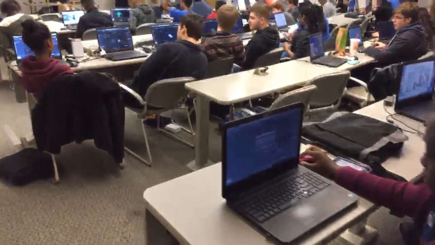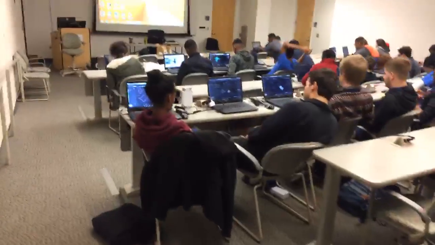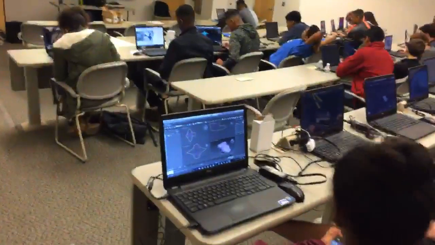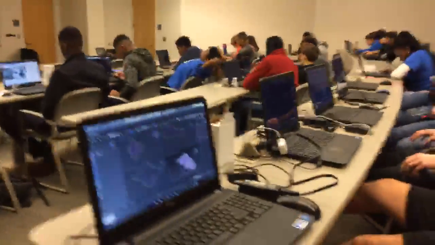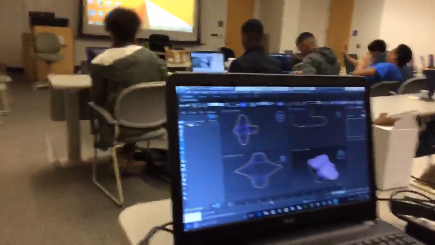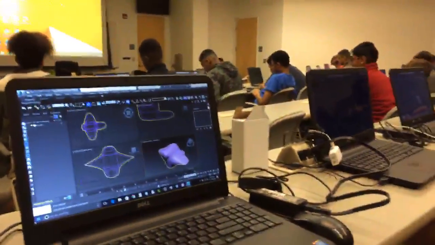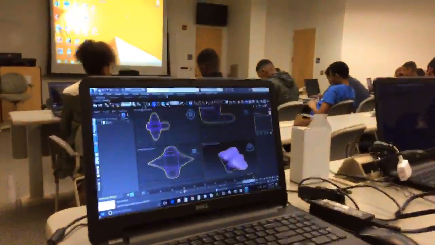All right, we're about to go live here, back with cohort number 2, and we're seeing some 3D modeling going on. So let's switch in. Students are working on their spaceship. All right, so we're back. You said you were creating a spaceship from a block using extruding and beveling.